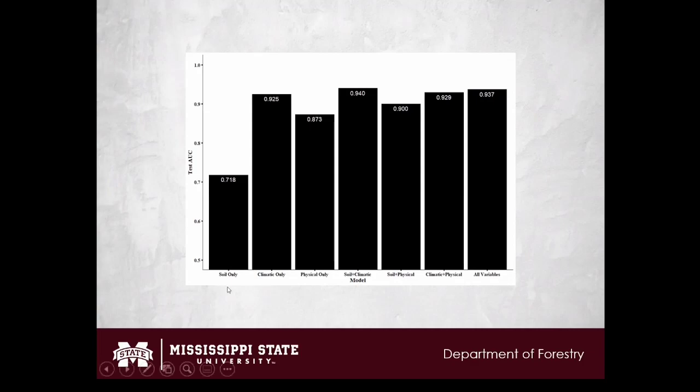So I divided them into soil variables, climate variables, physical variables, and then I also combined them: soil plus climate, soil plus physical, climatic versus physical, and then all variables. And so basically what this is showing is that the soil plus the climatic, if I only ran those variables alone, I got an AUC of 0.94, which is pretty good. So it's just a cool way to use these models to really learn about what's important to these species.